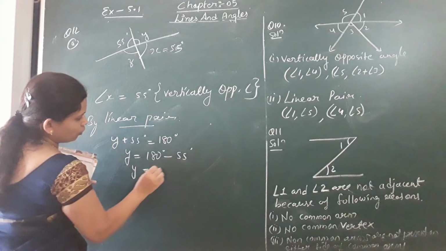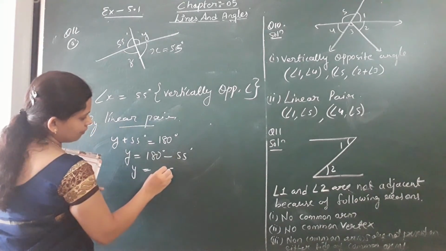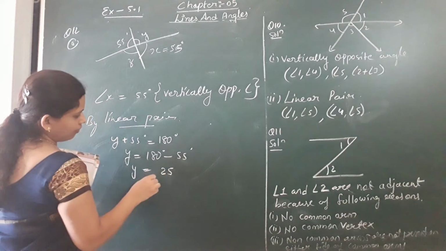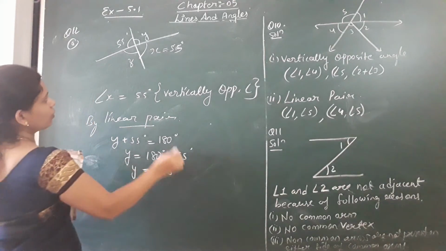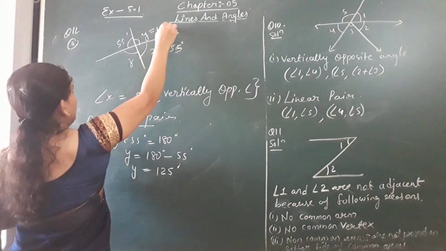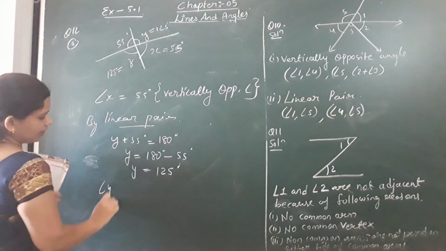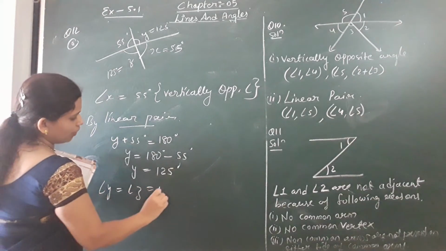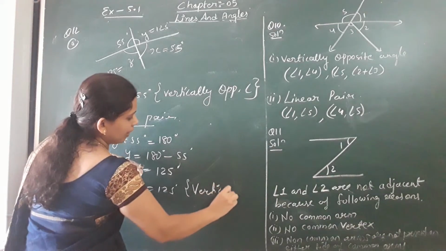So y is equal to how much? It will be 125 degree. So if this one is 125 degree, automatically this will be equal to 125 degree. Angle y is equal to angle z is equal to 125 degree because it is a vertically opposite angle.